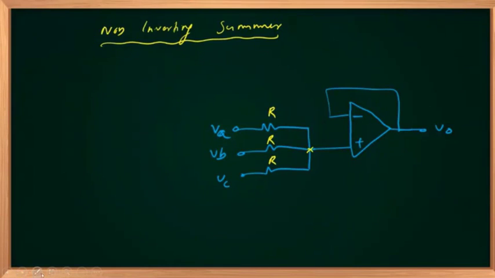So let us wind up the session after doing one more. It's a non-inverting sum. Identify V out. It's very simple.